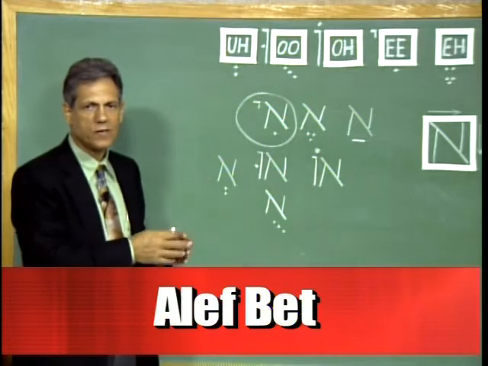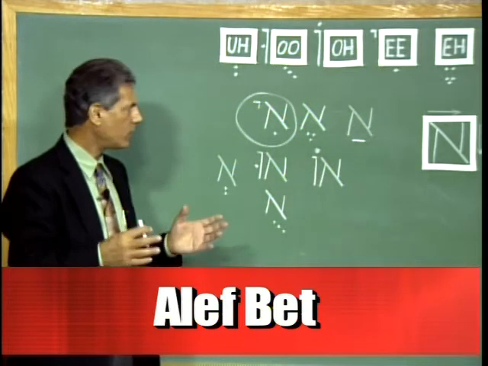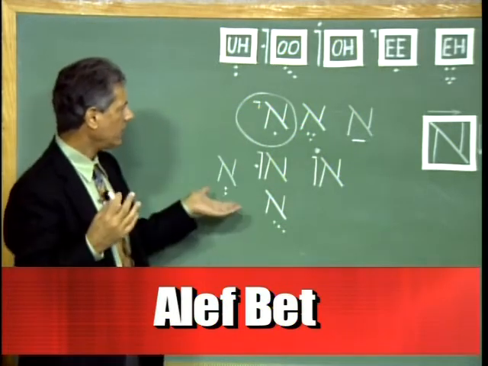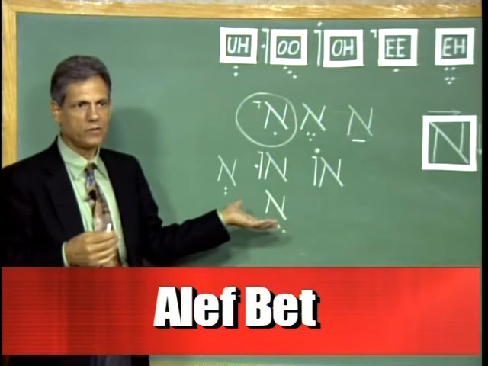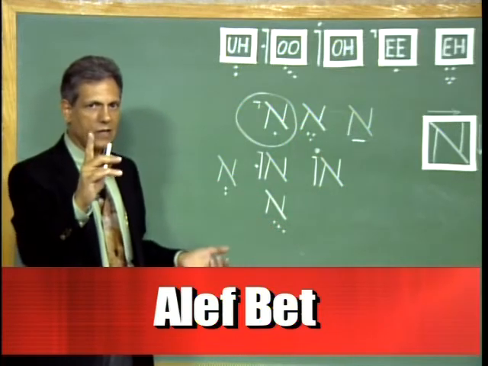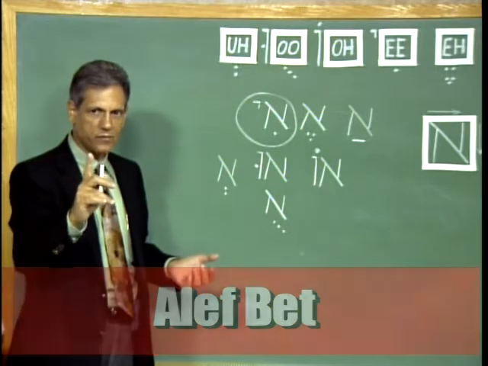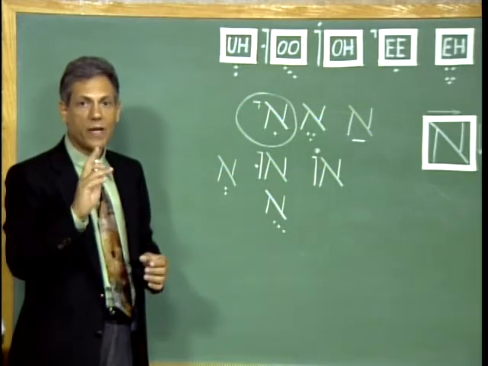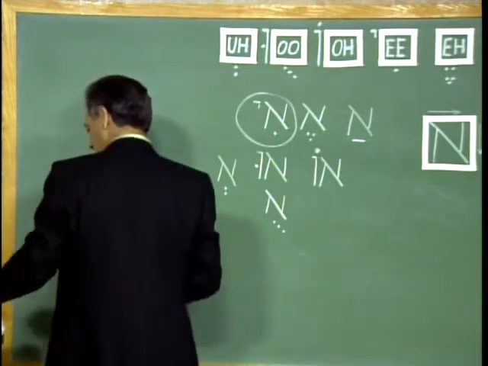This is the first letter of the alphabet with the vowels employed, and it gives you all of the sounds that you want. Now let's take a look at the second letter of the alphabet, the letter Bet. The letter Bet also represents something unique.